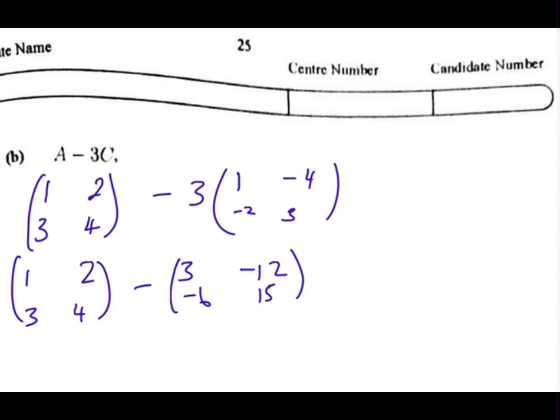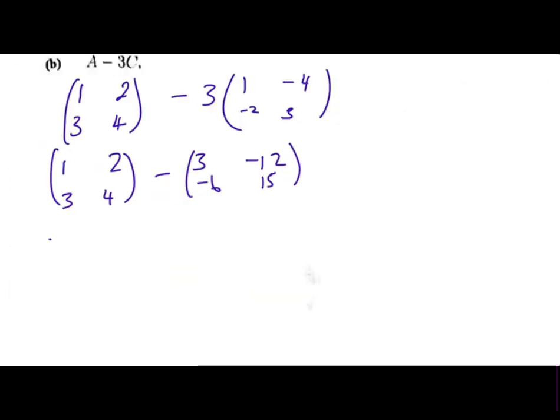So 1 minus 3 in the first value for A, then 2 minus -12 for B. For C, that will be 3 minus -6, and for D, it will be 4 minus 9. Okay, so in that order.